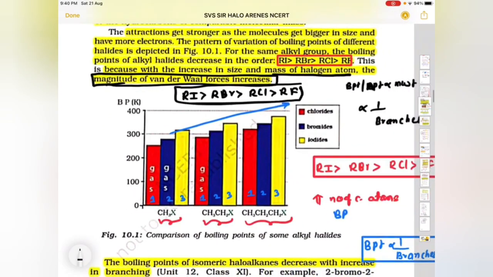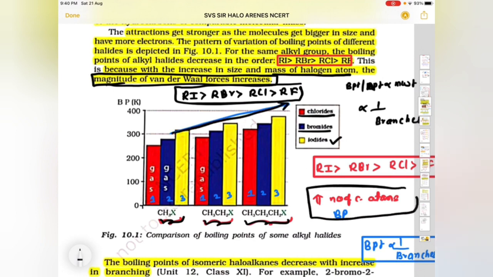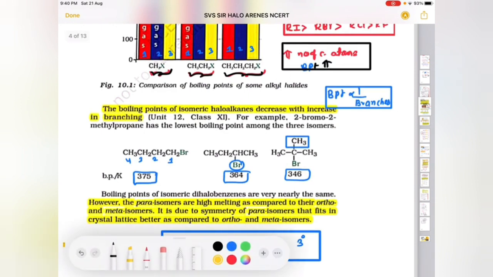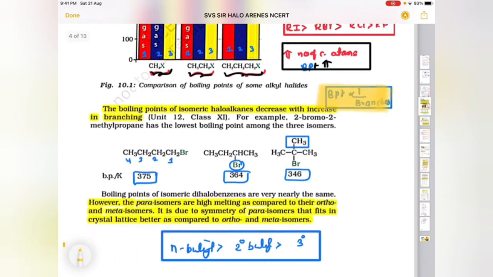So you can see here, the first one, red color will be chloride, bromide blue, yellow color will be iodides. So with 1 carbon, 2 carbons, 3 carbons, you can check here, with increasing number of carbon atoms, boiling point is also increasing. And already I discussed boiling point is inversely proportional to branches.